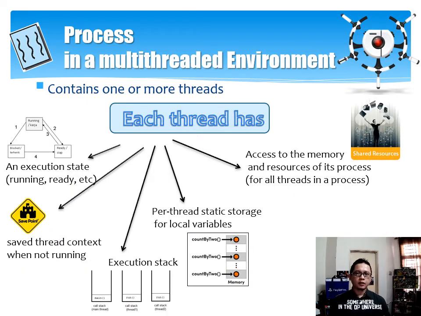So having said that, each thread, same as for a single process, also has its own execution state, its own context, its own execution stack, because they all have instructions they need to do, and also storage for local variables and access to memory.